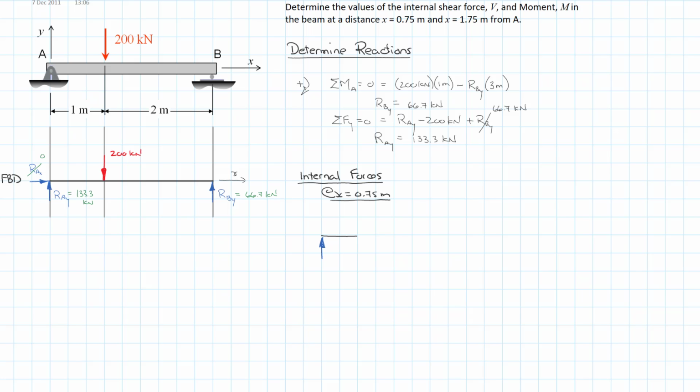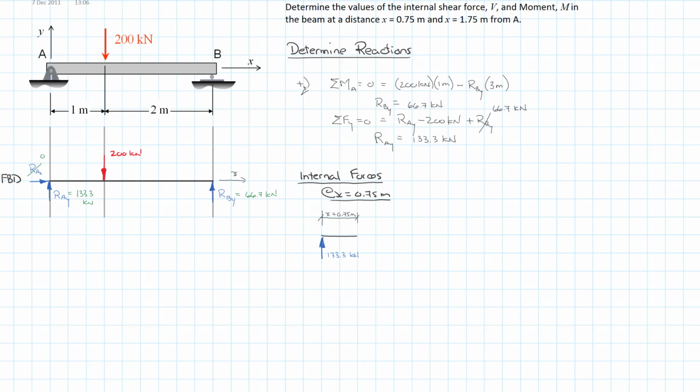And so what we have is we have our 133.3 kilonewtons acting at A. This is some distance x equals 0.75 meters, and there's no other externally applied forces on that section. They all happen after that.